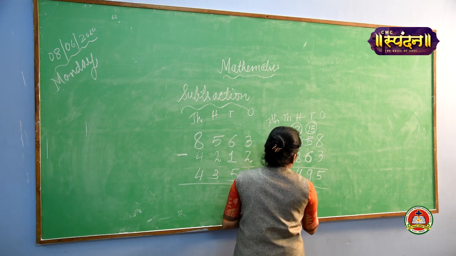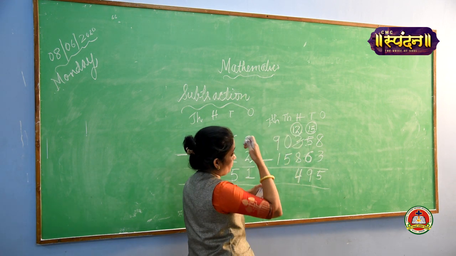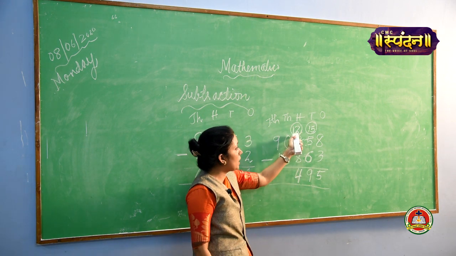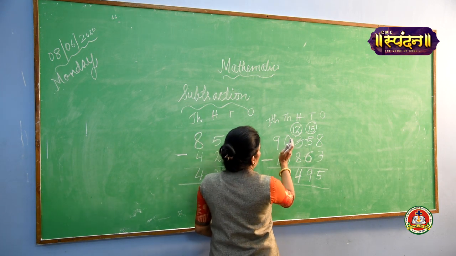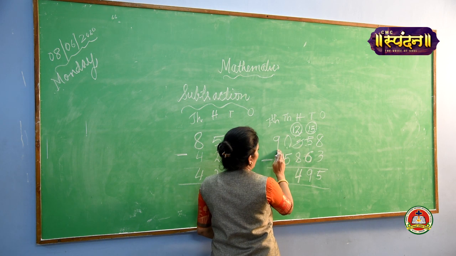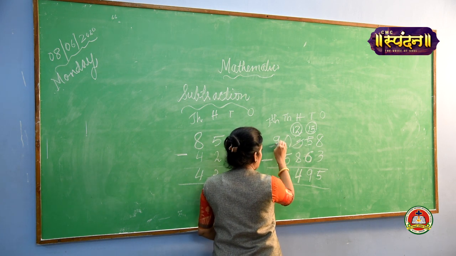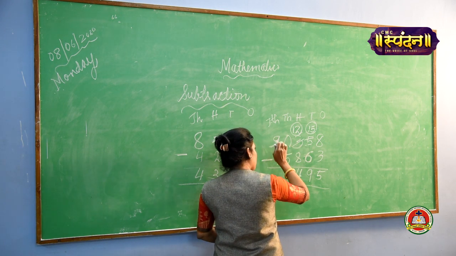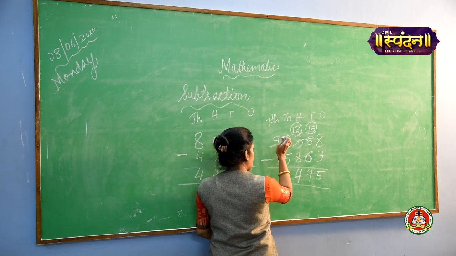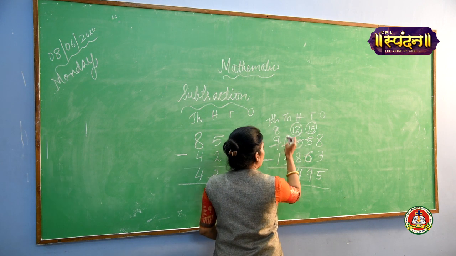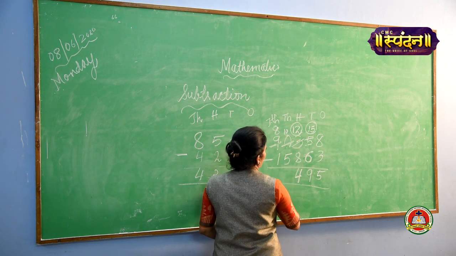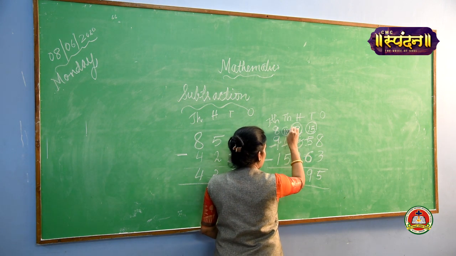Now, this is 0, children, but how have I given 1? That was a very important thing. See, 0 will not give, but this member will take from this member, which means this has now become 1 less than 8, and this was 0. So before that I need to borrow, and I take 10.